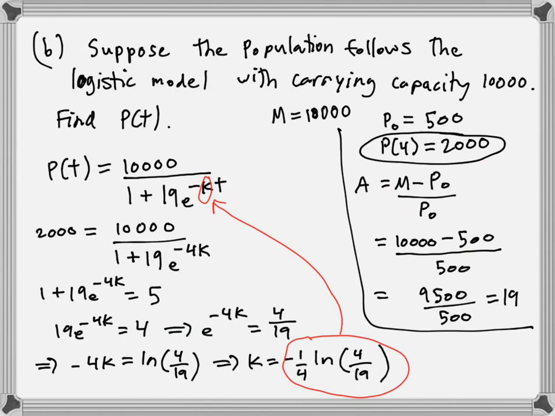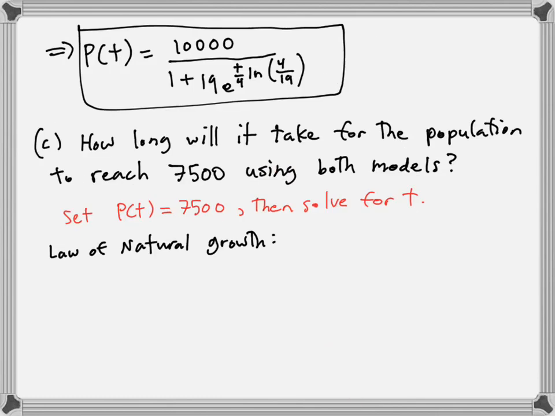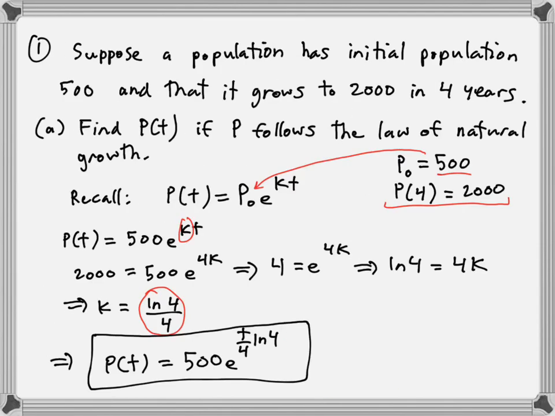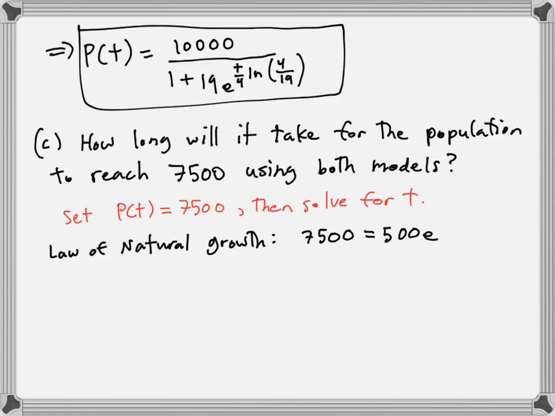So let's write that down. We have 7,500 is equal to 500 e to the t over 4 ln of 4. And now we just need to solve for t.